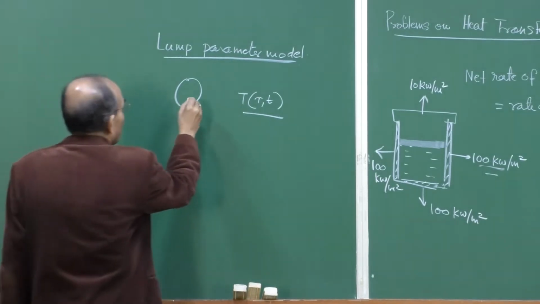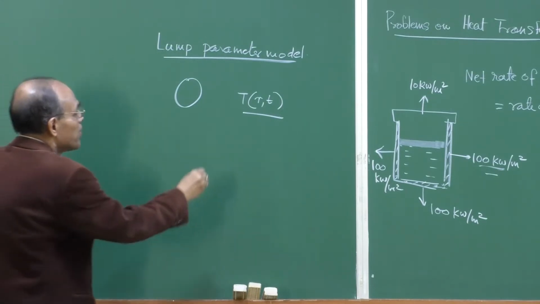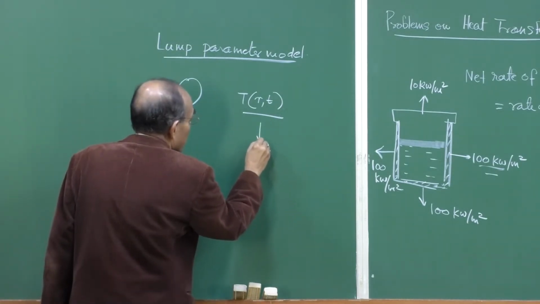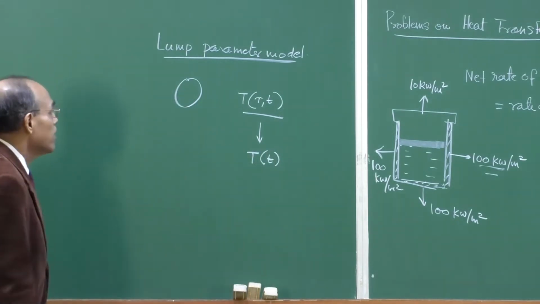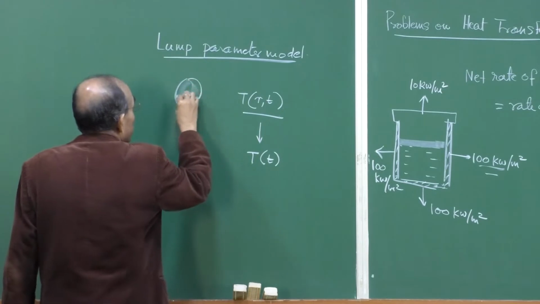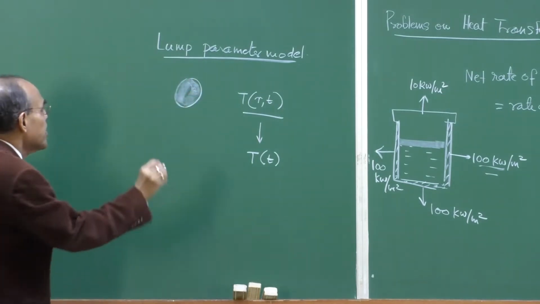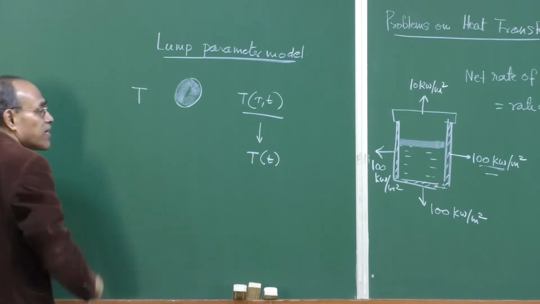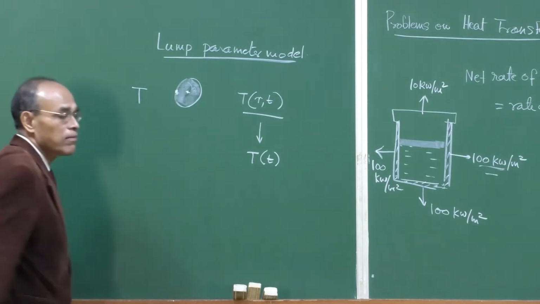So, it is only a function of the radial coordinate and time. But in a lump parameter model, T is taken to be a function of time only. There is no temperature variation within the sphere, and the sphere itself is characterized by a single characteristic temperature, which is prevalent from the surface to the center.